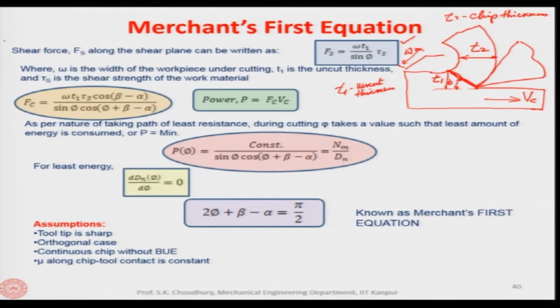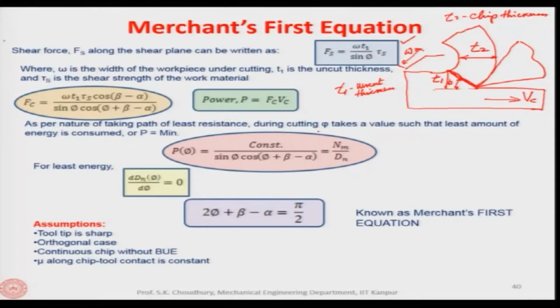Now, as per nature, taking the path of least resistance, during cutting, phi takes a value such that the least amount of energy is consumed, or P is minimum. This means that during the cutting process, by nature, the shear plane angle phi adjusts itself in such a way that for the entire process the minimum power is consumed.